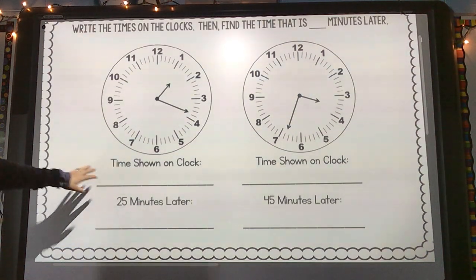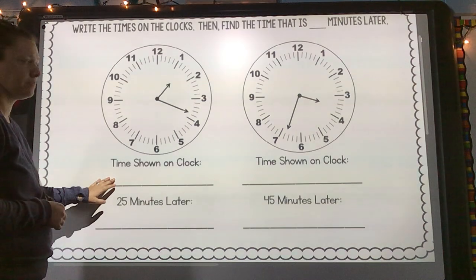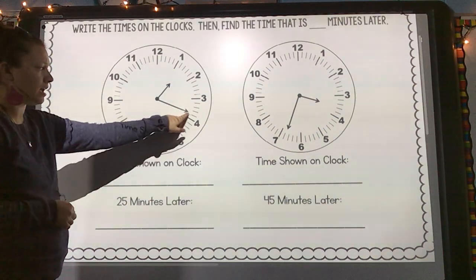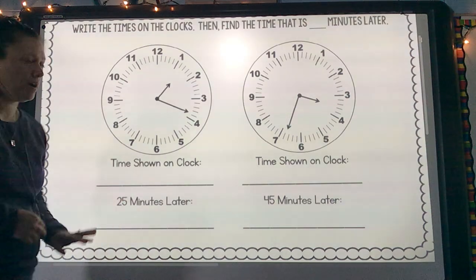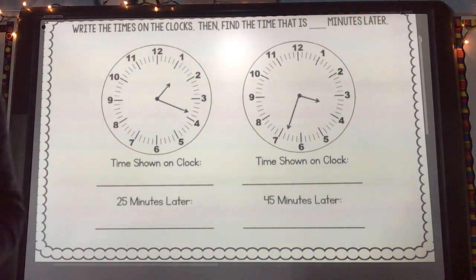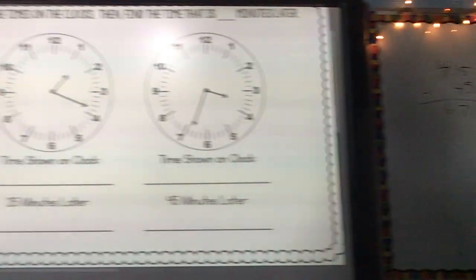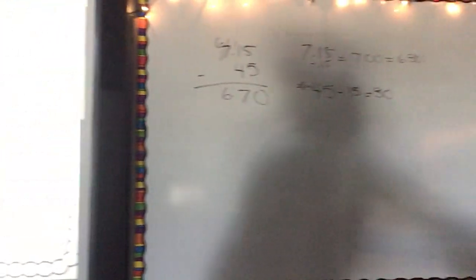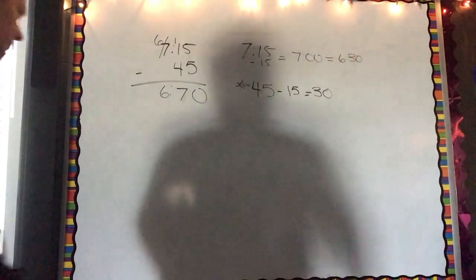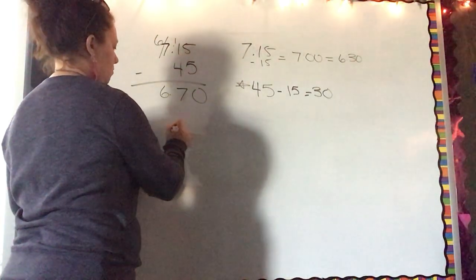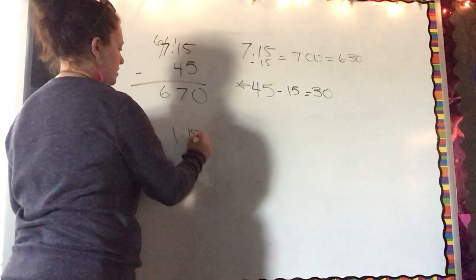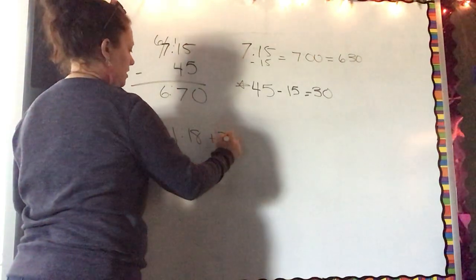All right, what time is on this clock, everybody? 1:18. I would say 1:18. It's not quite on the 19. So 1:18, 25 minutes later. 1:18 plus 25 minutes.